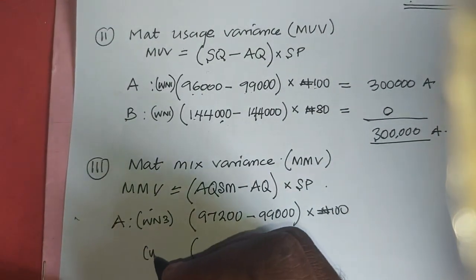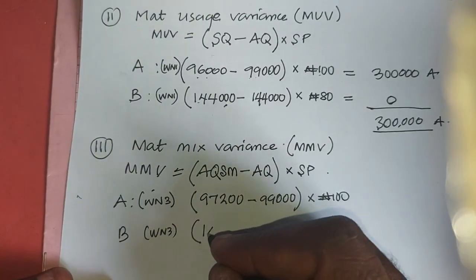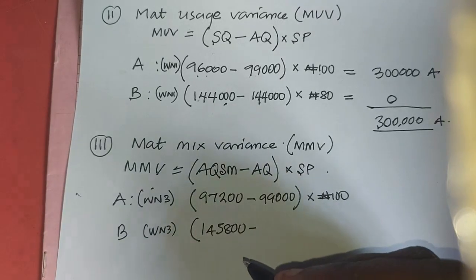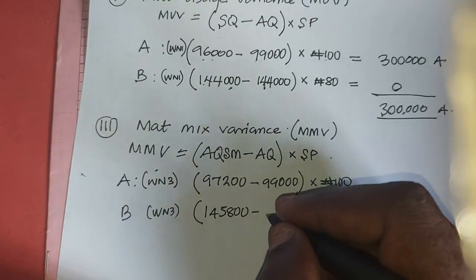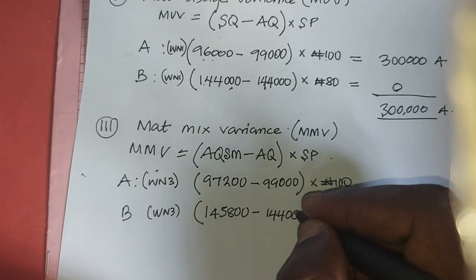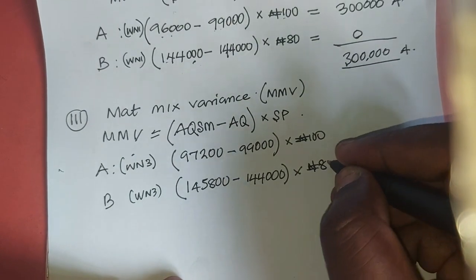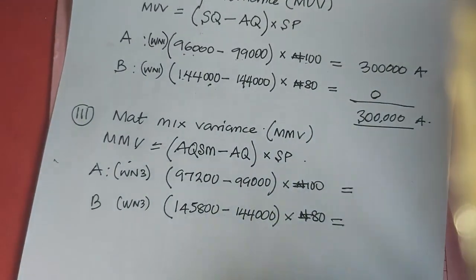So our working notes 3. That is for B. 145,800 minus the actual, and the actual is 144,000 times 80.